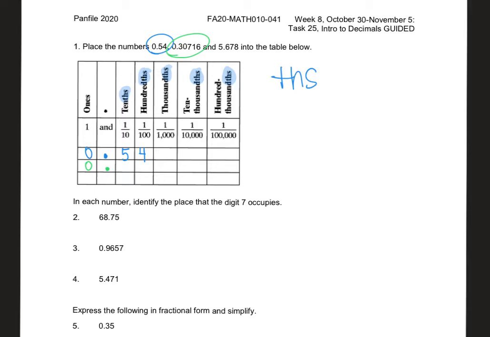So we have 0.30716. And then this last one, 5.678.